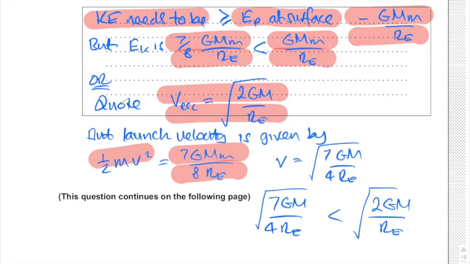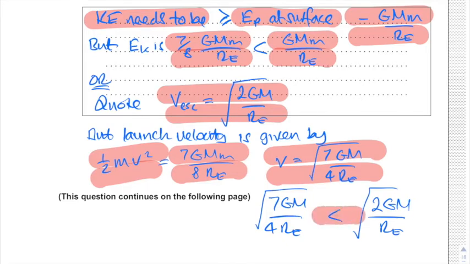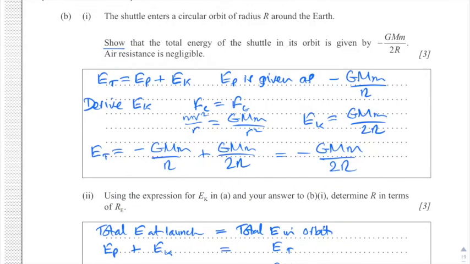Well, just make a half mv squared equal to that amount of kinetic energy. Energy is energy, and you can quickly derive that you're left with this as our velocity that energy would give: root 7GM over 4RE, which is clearly less than the root 2GM over RE by a tiny bit.